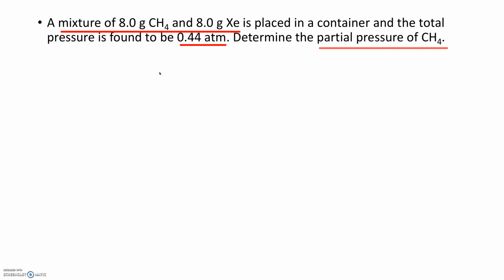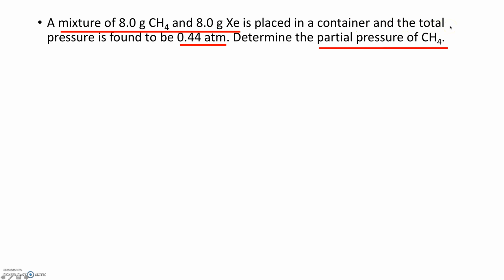And that's why we're trying to figure out the partial pressure of methane. Now, if we had temperature and volume, we could use the ideal gas law to solve for pressure of methane using 8 grams and converting that to moles. We don't have that. We simply have the total pressure and we have the grams of each component. So we have to go about it a different way.